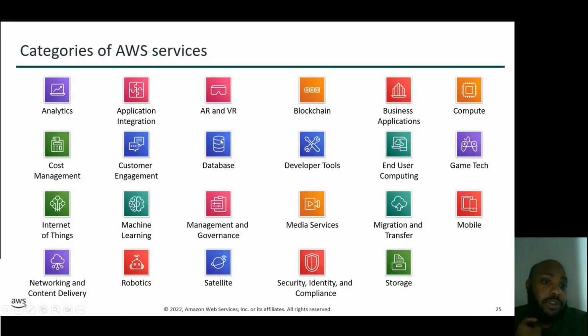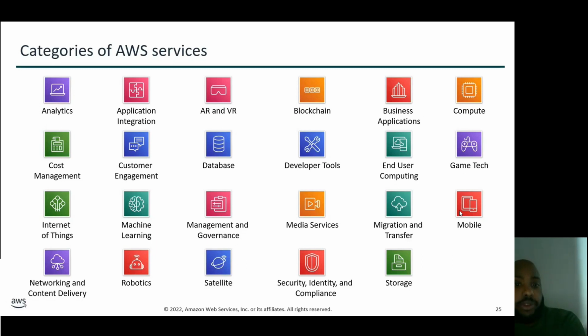We talked about databases. We also talked a little bit about networking and content delivery. But then there's a bunch of other categories. You'll have VR, blockchain, game tech, mobile, media services, machine learning, IoT, all different categories.